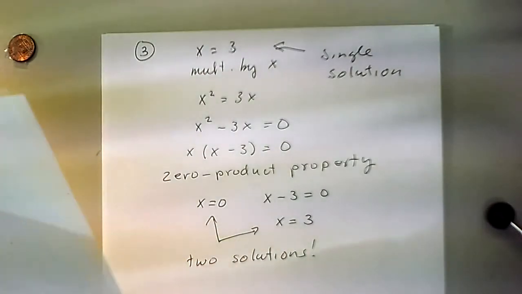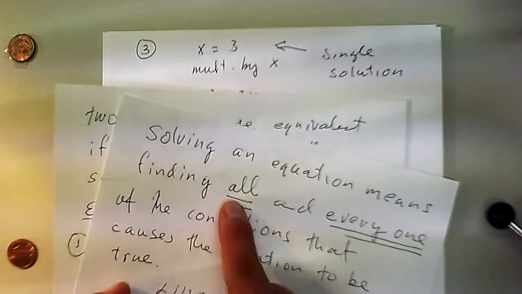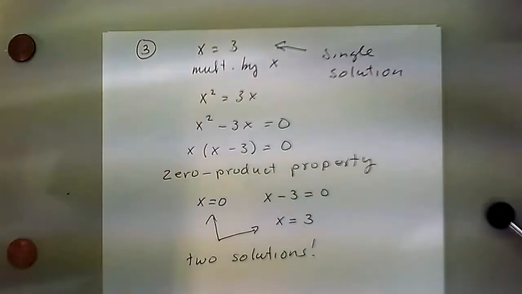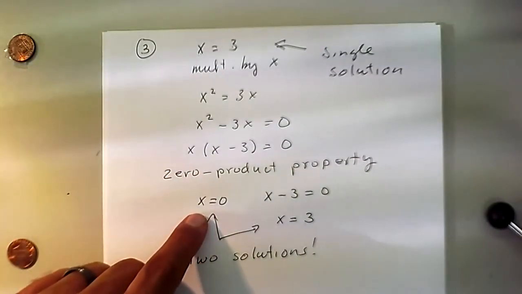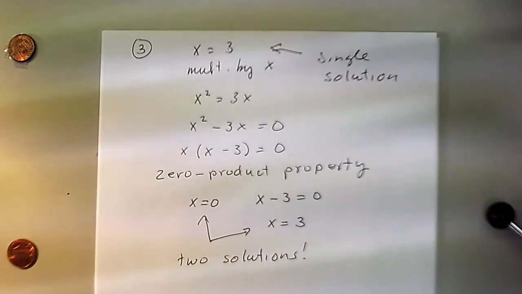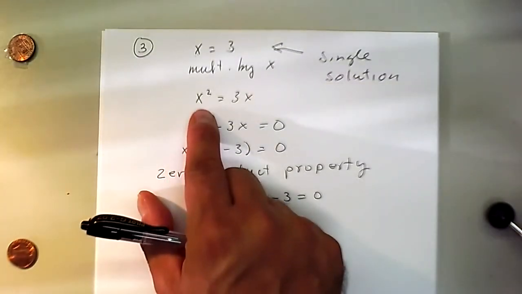Remember, solving means finding all and every one of the solutions. Yep. Not more and not less. We have to be very precise, extremely precise. So we cannot give more or less. The thing we cannot do is multiply by the variable.